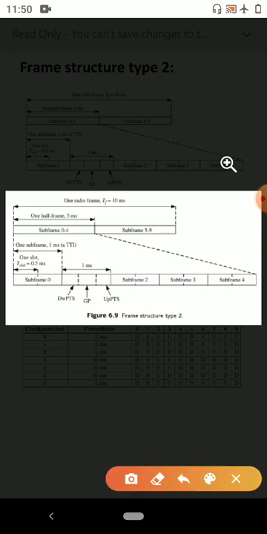Next, guard period, that is GP. The remaining symbols in the special subframe that have not been allocated to DwPTS and UpPTS are allocated to the guard period, which is used to provide the guard period for the downlink to uplink and uplink to downlink switch.